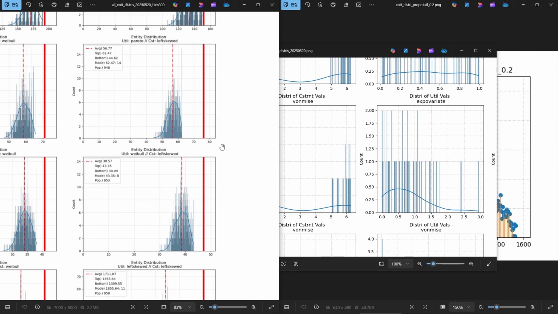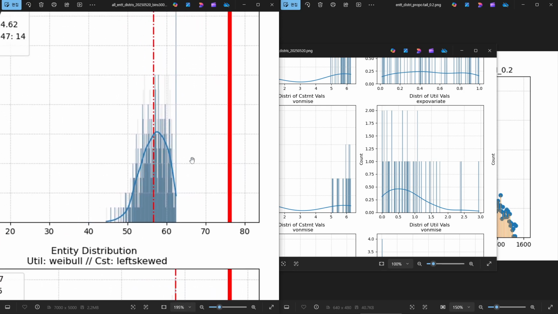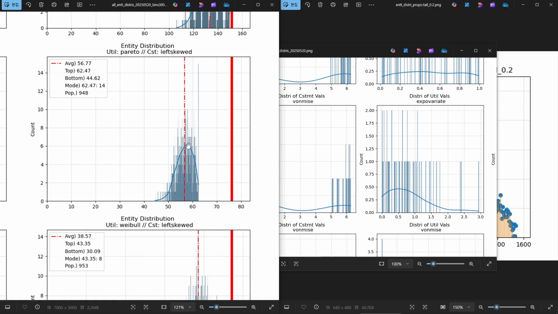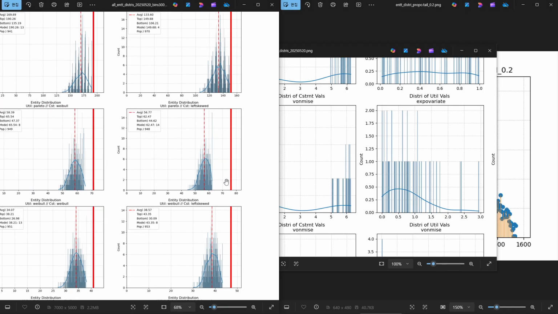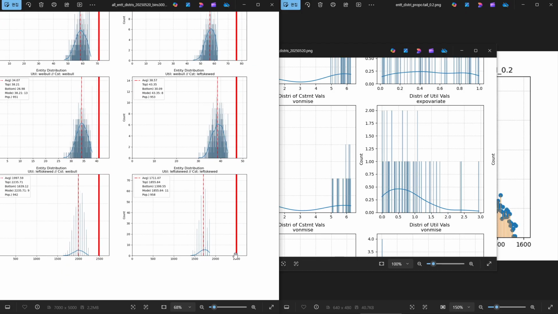Whereas here, I think that 25% that cannot go into the entities in terms of constraint values is well represented. Even here, even more so.